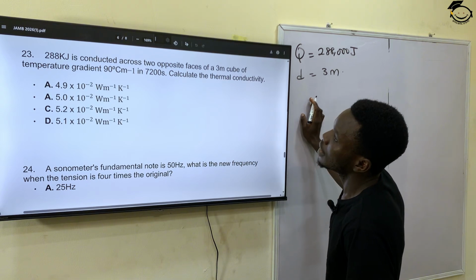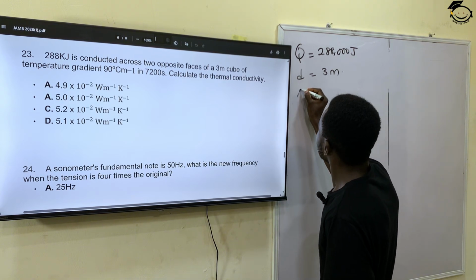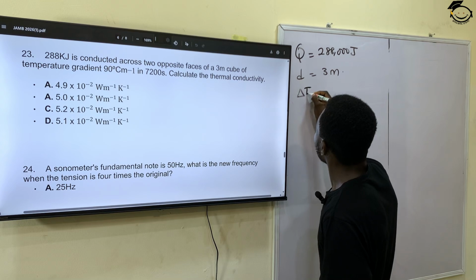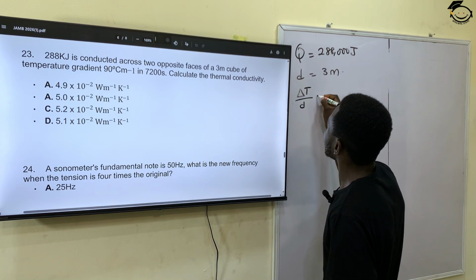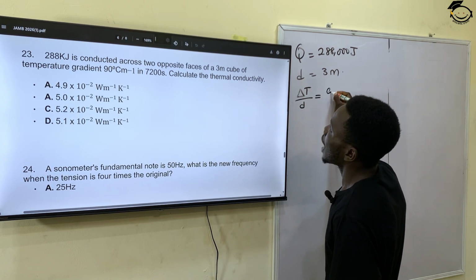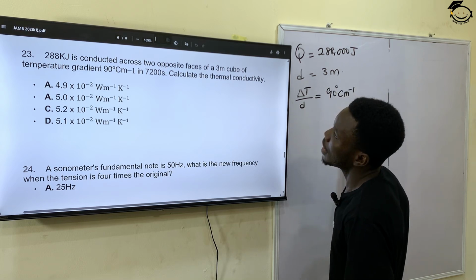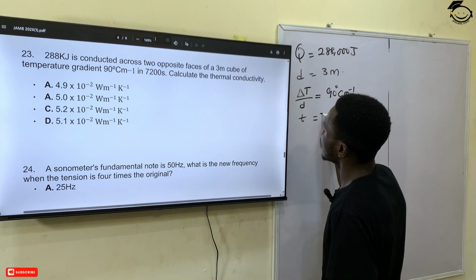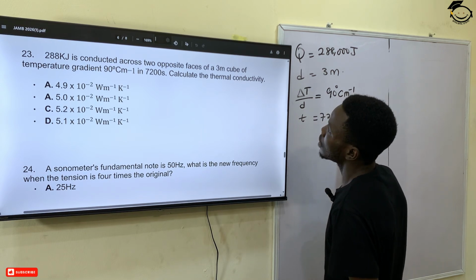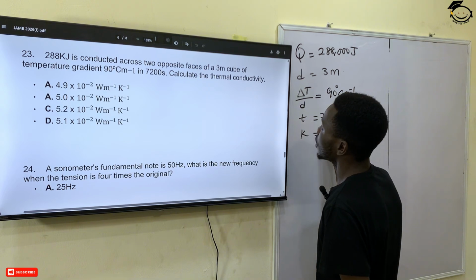Then the temperature gradient, change in theta over depth, is 90 degrees Celsius per meter. The time in the question is 7,200 seconds. Calculate the thermal conductivity, K, which is unknown.